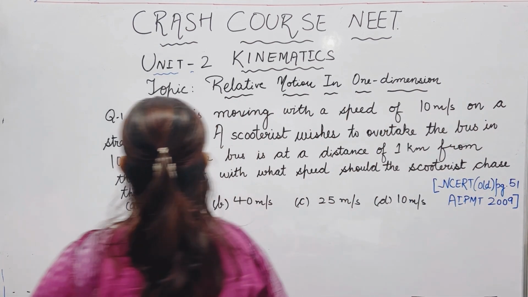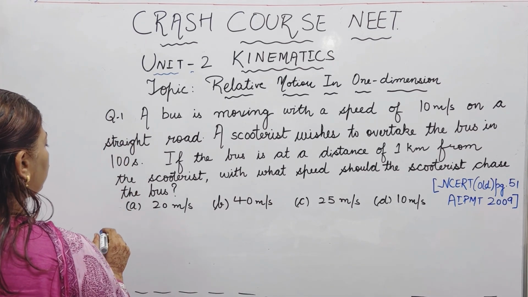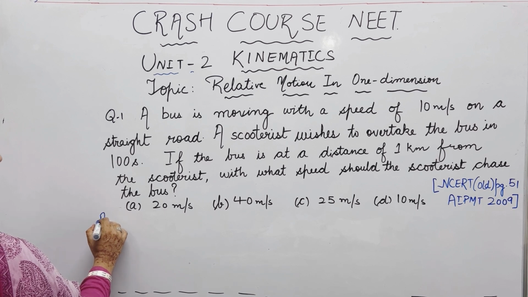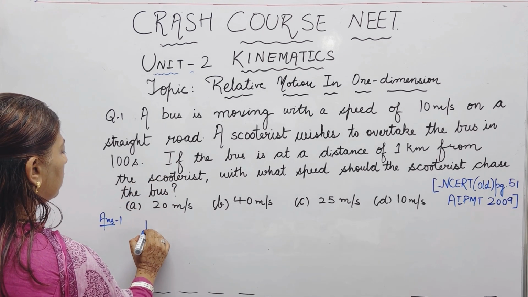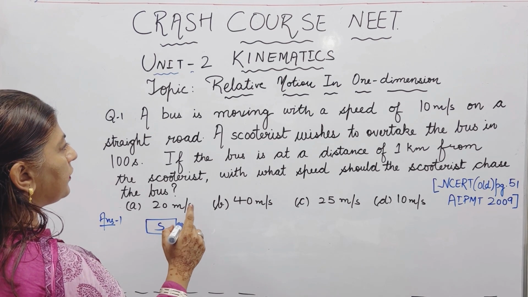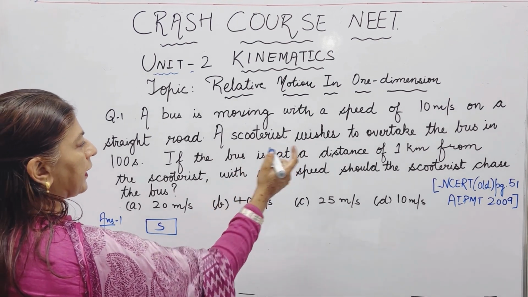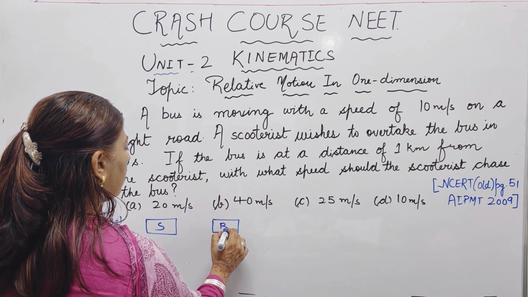Now, to solve this question, see what things are being given to us. There is a scooterist denoted by S, and he wants to overtake the bus. So this is the bus.